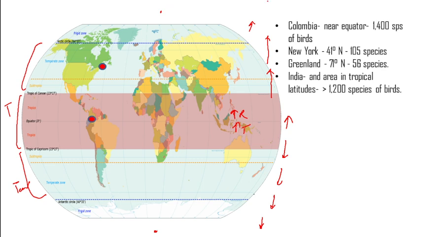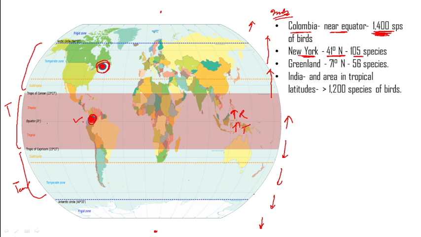Now, important information given in NCERT here. Colombia, which is located near the equator, is located here. It has 1400 species of birds. New York, which is at 41 degrees north, is here. It has 105 species.